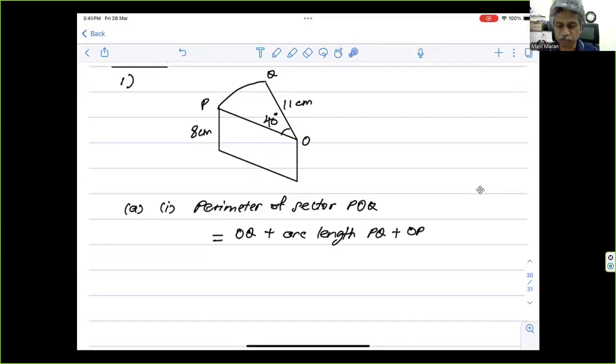Okay, so this part is very straightforward. So the perimeter of the sector is given by OQ plus arc length PQ and then OP.